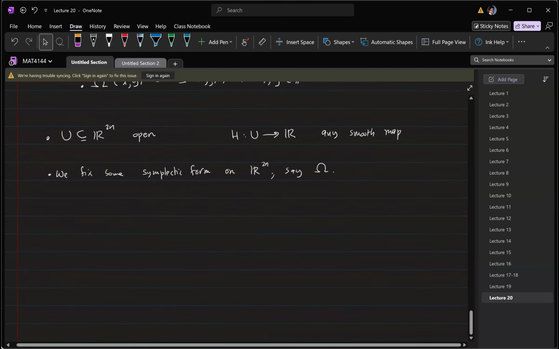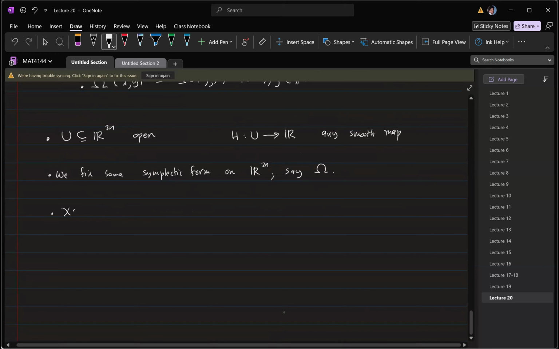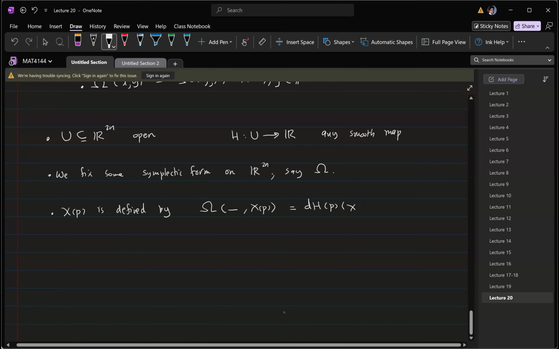And now X_p is defined by omega of whatever vector comma X_p is the derivative in the direction of X_p, which means the same thing as the directional derivative of h at point p.